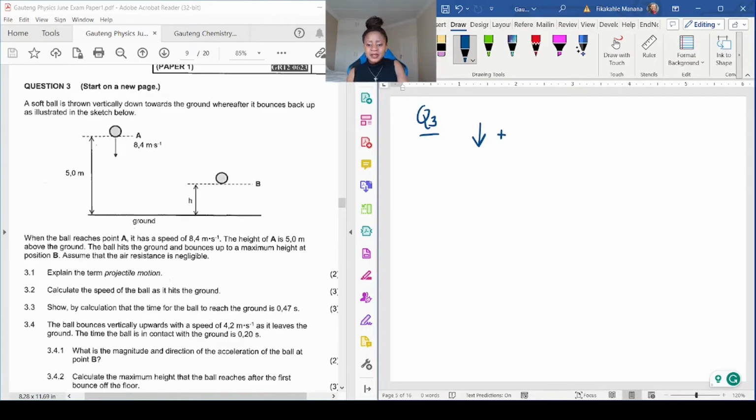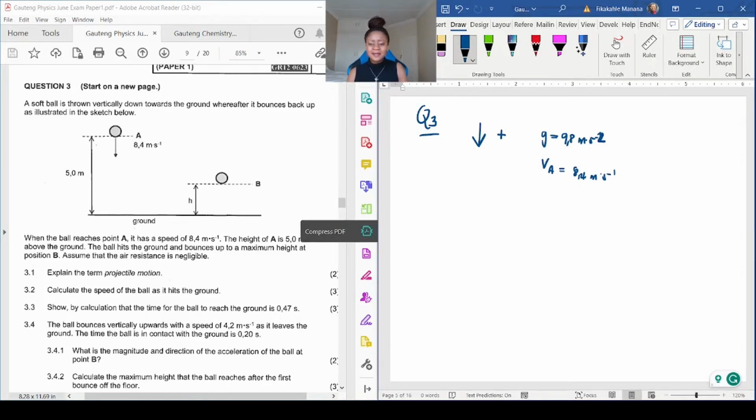As a result, I know that my g will always be positive 9.8 meters per second squared. And the velocity at A is positive 8.4 meters per second. G is meters per second squared, and velocity is meters per second.